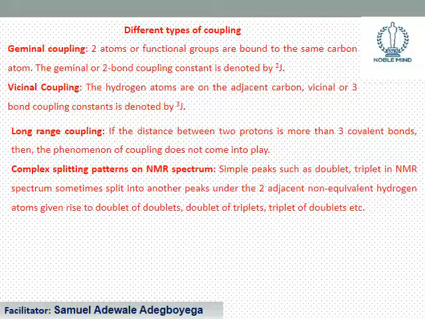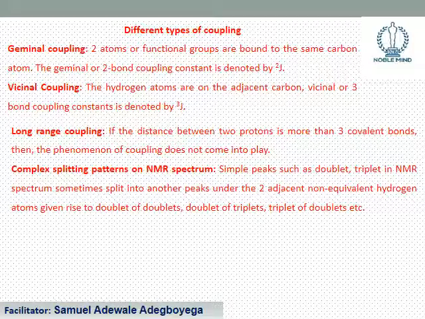That means if you have an adjacent atom, between the first carbon and the proton there's a bond, that is bond 1. The carbon atom that carries the proton is bonded to another carbon, that's bond 2. The neighboring carbon also carries another proton, so that is bond 3. So if you count up to 3 bonds before you get to the neighboring proton, it's called 3 bond coupling.